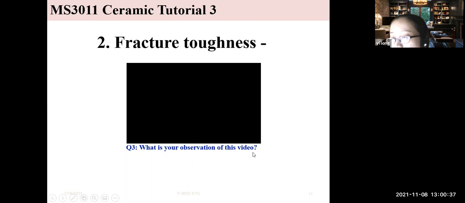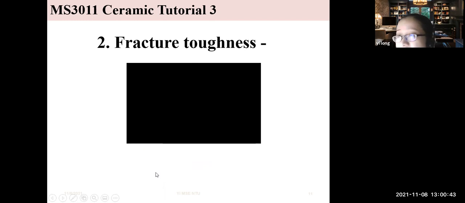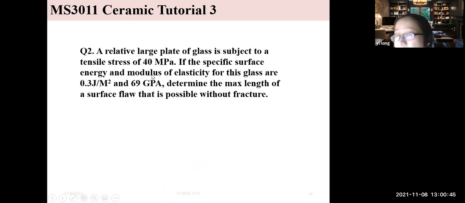What is the observation of this video? When the crack exceeds a certain size, the crack will propagate catastrophically. So this is exactly the question I'm asking you now. What is the pre-existing crack size on the glass that will make it unable to stand the stress of 40 megapascal? In this case, tell me what you are actually calculating. The maximum length of the surface flaw is what you're calculating. Can you type?